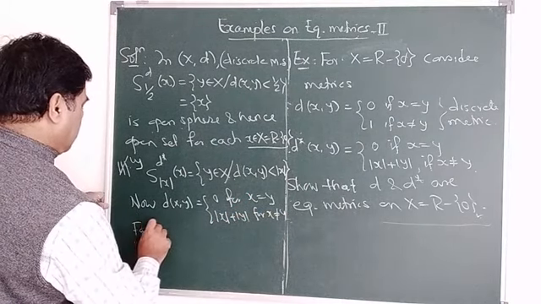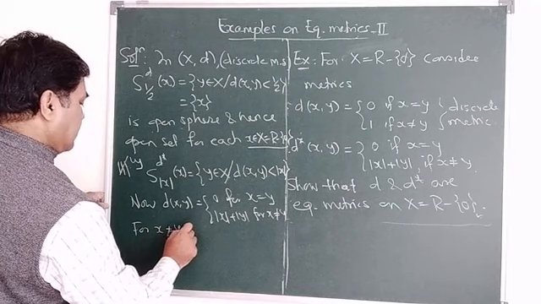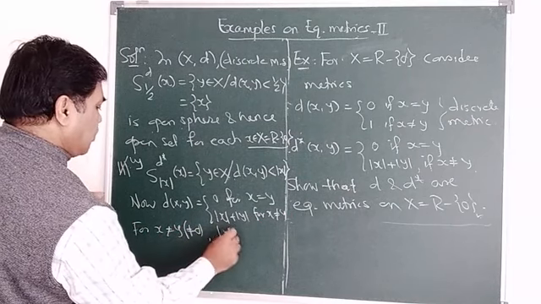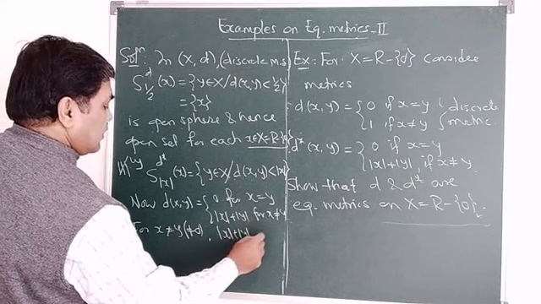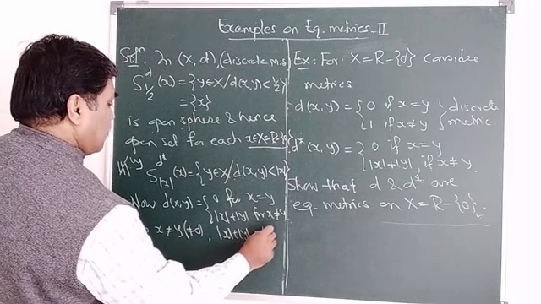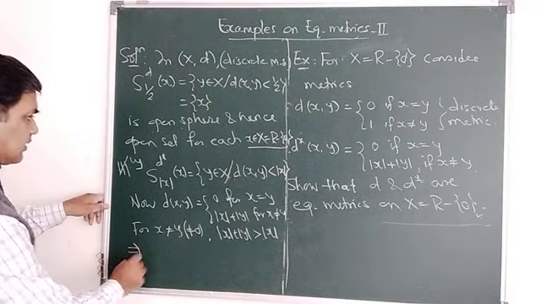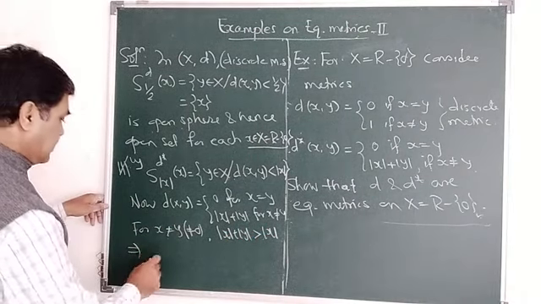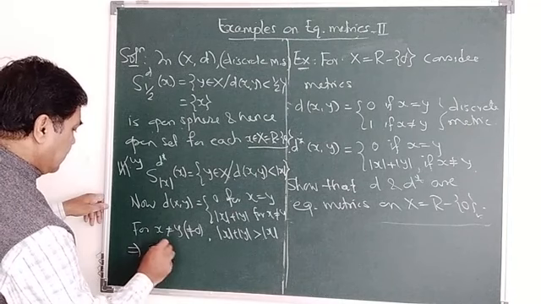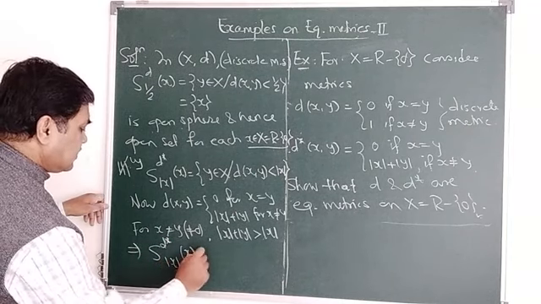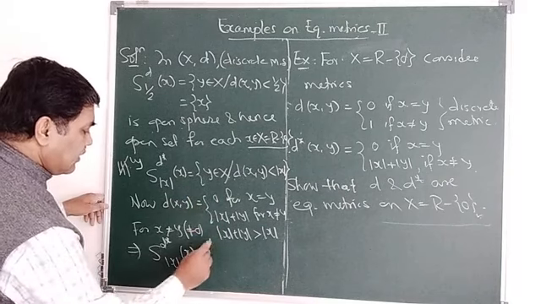For x not equal to y, not equal to 0, mod x plus mod y is greater than mod x. This implies D star mod x of x just contains the set x.